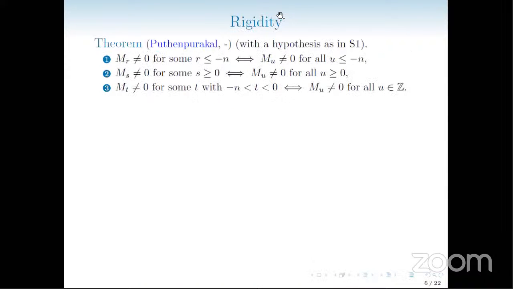We further observe that the vanishing of a single graded component has a very strong effect on the local cohomology module. So let me explain this result through a figure. What it says is that if some rth graded component of a local cohomology module is non-zero, then it is non-zero throughout the region.